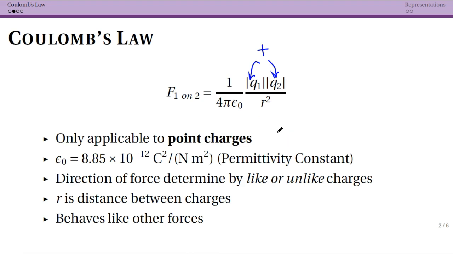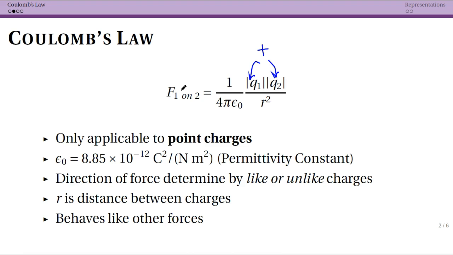So you can't use Coulomb's law if we're talking about the force between, for instance, two planes of charge or two rods of charge. We have to be able to think about our objects as point charges in order to use this. One of the most common mistakes students make in electrostatics is that they use Coulomb's law when it's not applicable. So please keep that in mind.